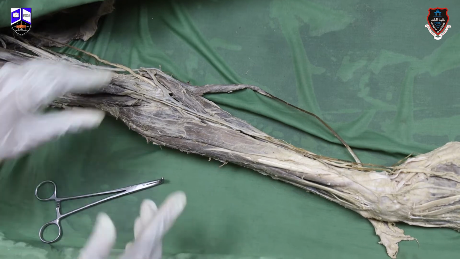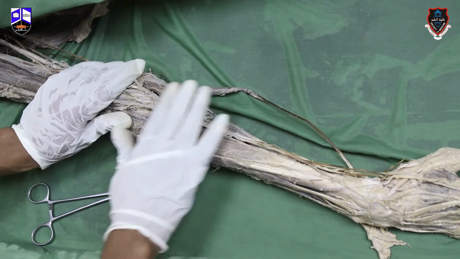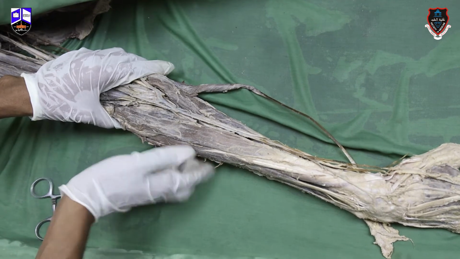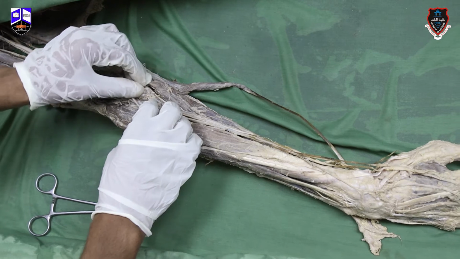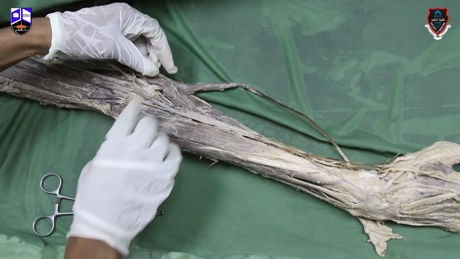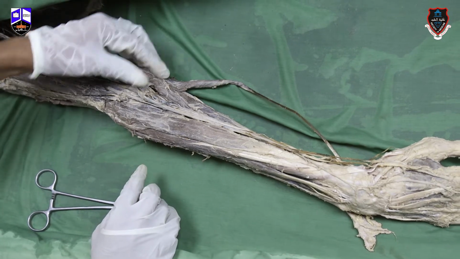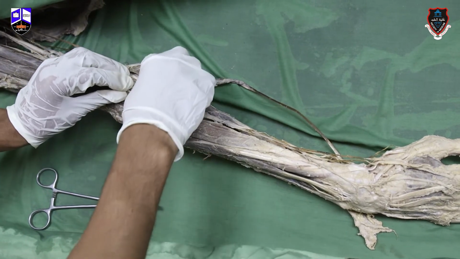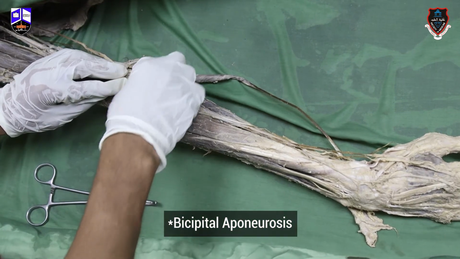This is the supinator muscle. Okay. Our roof of the cubital fossa is the deep fascia of the forearm that is reinforced medially by the aponeurosis of the radial tendon. This is the aponeurosis. Okay.